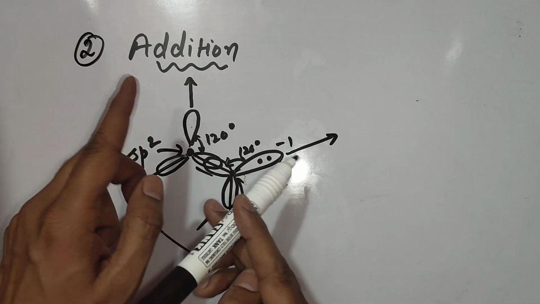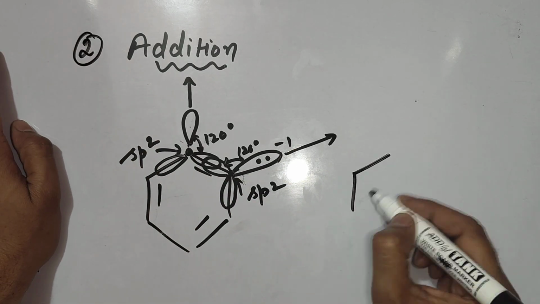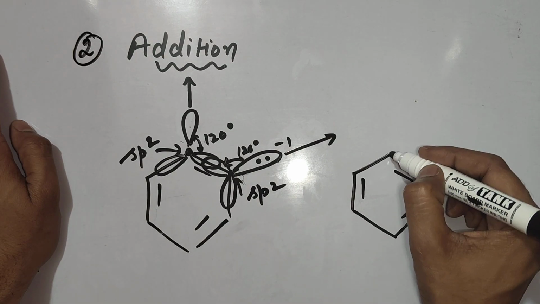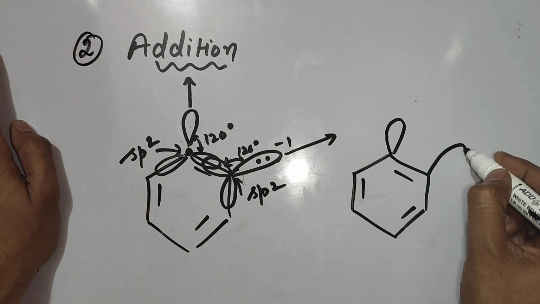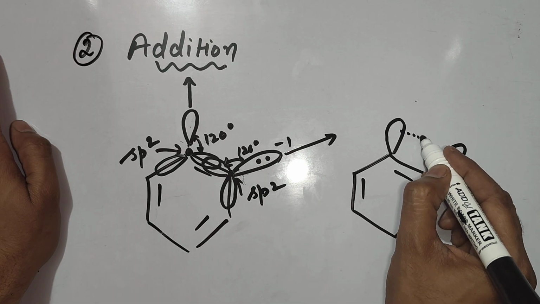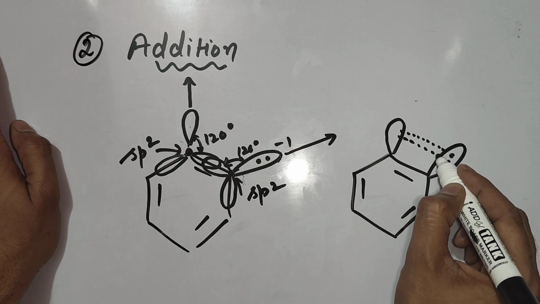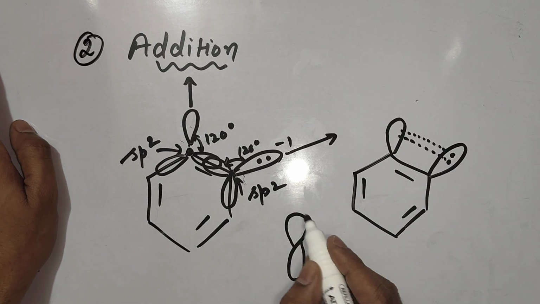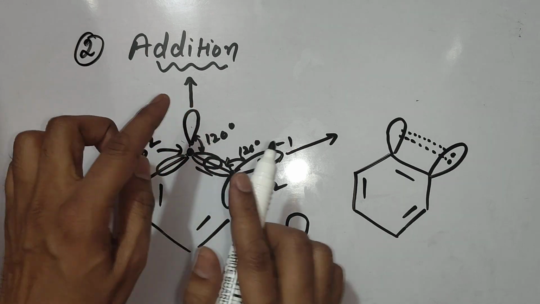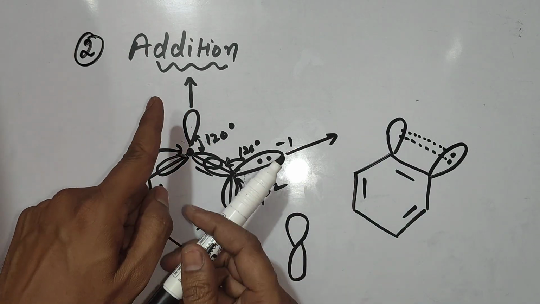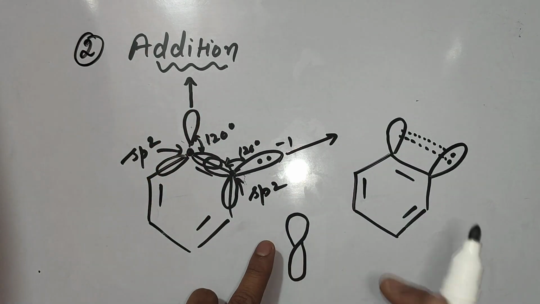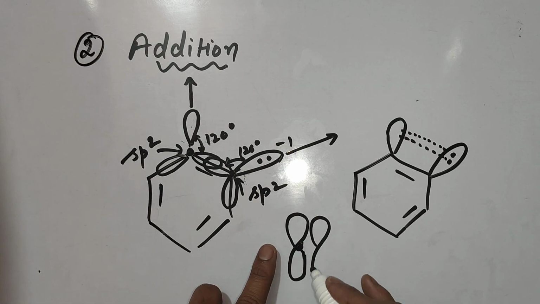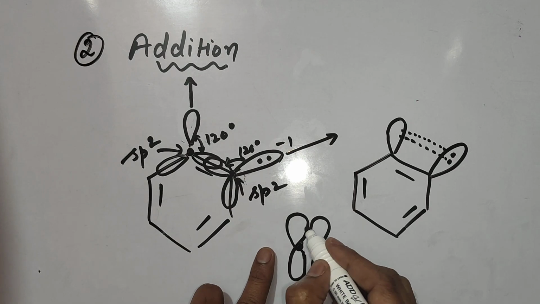Even they will overlap, but proper overlapping will not be there. If in a simple language I will say that proper overlapping will not be there. Proper overlapping means sidewise overlapping. One is head-to-head overlapping, one is sidewise overlapping. This will be a sidewise overlapping. But for proper sidewise overlapping, the orbitals which are overlapping must be parallel to each other like this. It is proper overlapping.